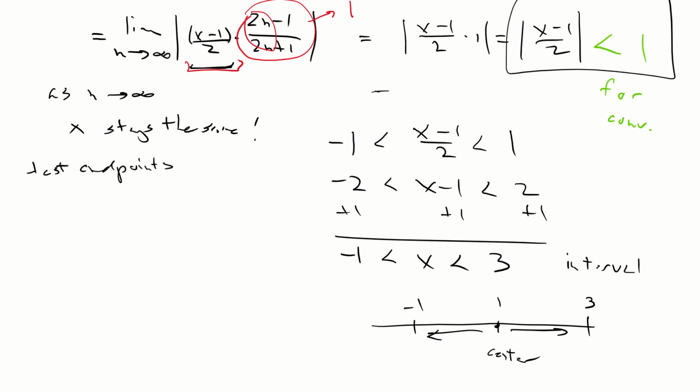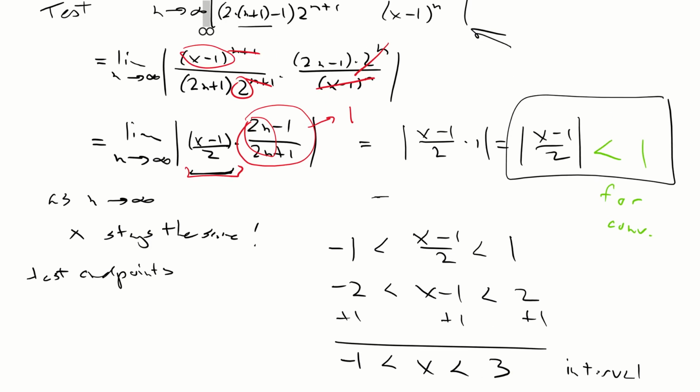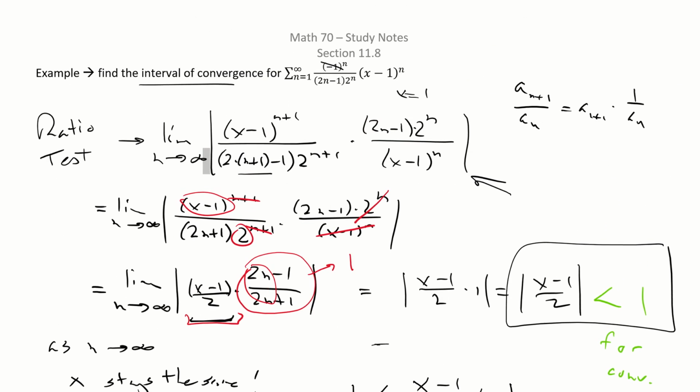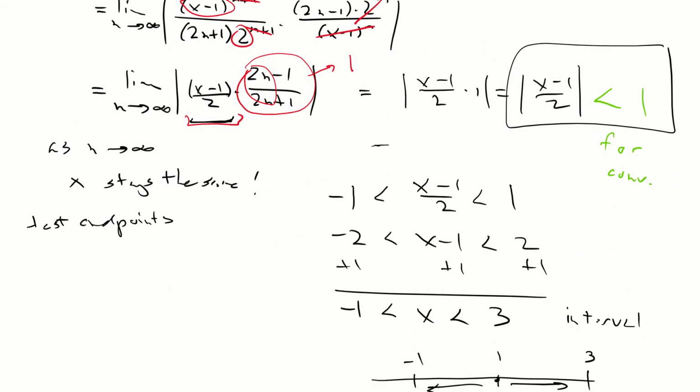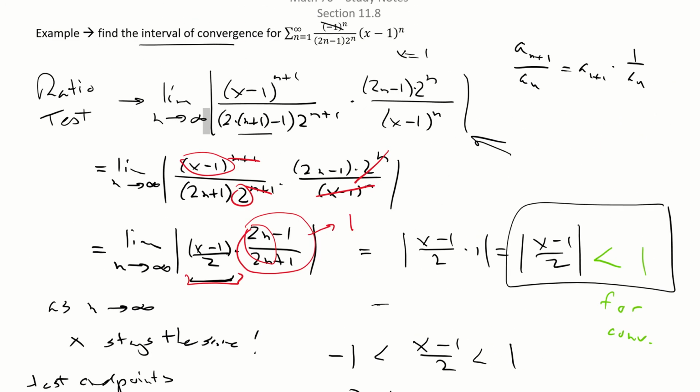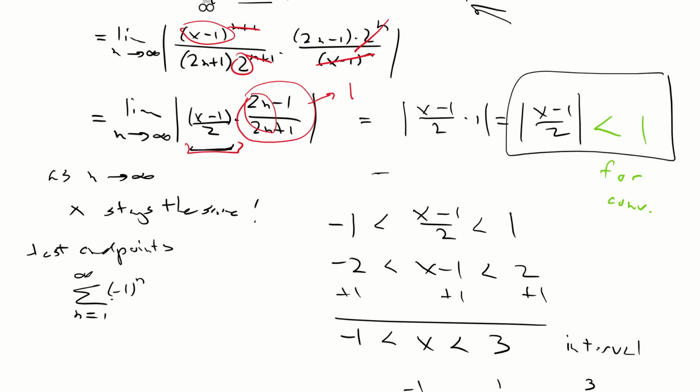Okay, so that means we need the series, which is way up here. Where are you, series? It's got the minus 1 in it. Don't forget that. A lot of stuff, a lot of moving parts here. So the series is the sum from n equals 1 to infinity of minus 1 to the n, times 2n minus 1 over 2 to the n, times x minus 1 to the n.